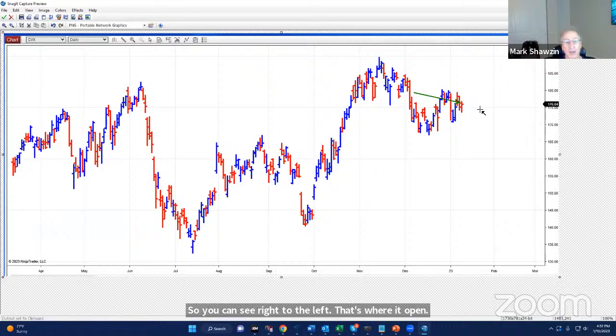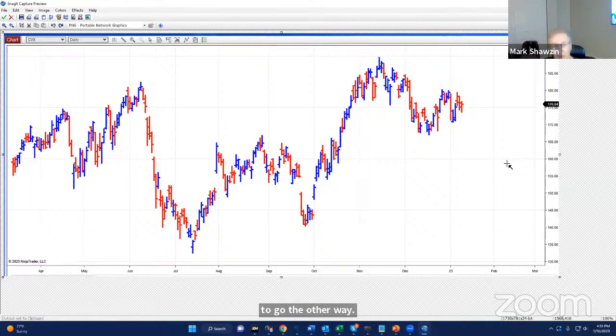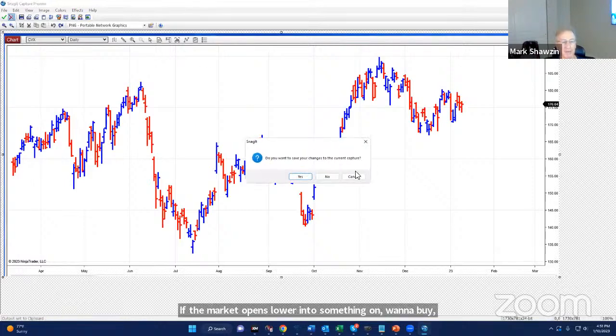Based on the way it closed, I surmised that it had to go through the previous day's unchanged. It had to kind of go through here, even if it was going to go the other way. So this was a real gamble, but this is an example of an arbitrage where I use the energy coming into the day. If the energy starts higher into something that has resistance, I'll sell into it. If the market opens lower into something I want to buy, I'll buy into that and I'll use that energy.